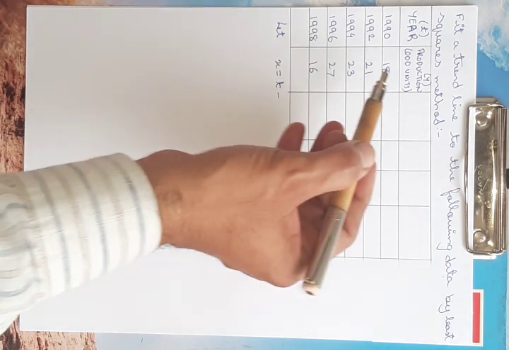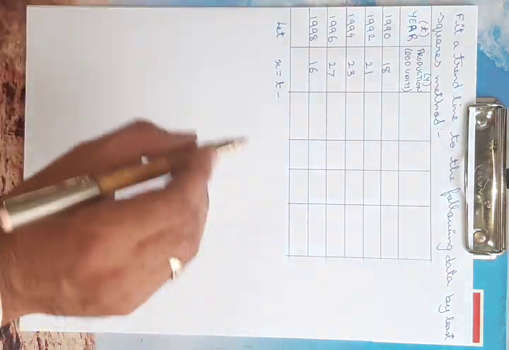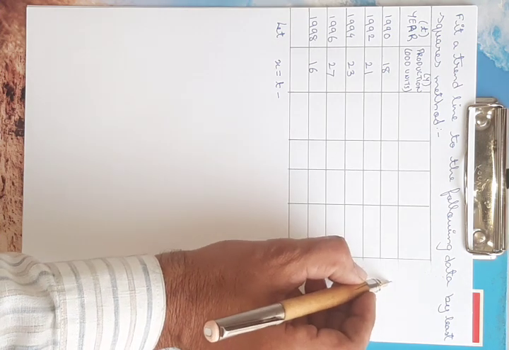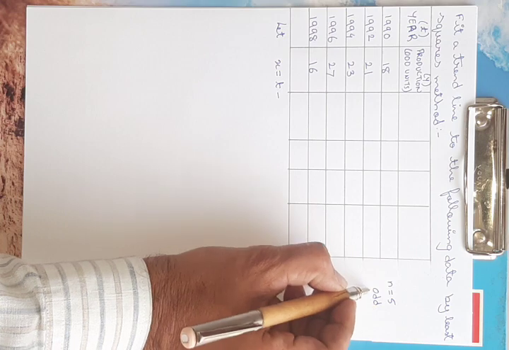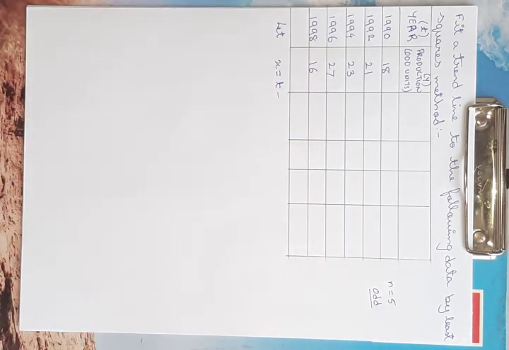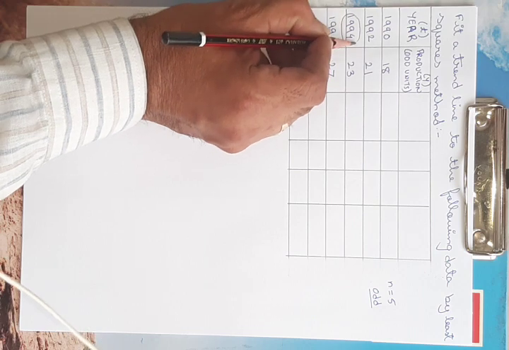Since the number of observations is 1 2 3 4 5, that is n is equal to 5, which is an odd number, we can easily take the middle value, that is the year 1994.